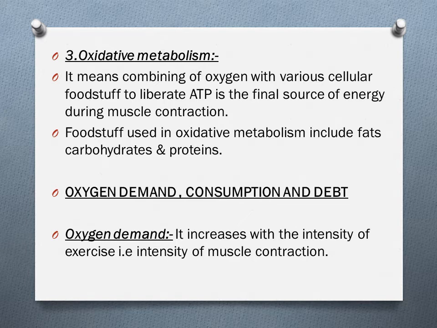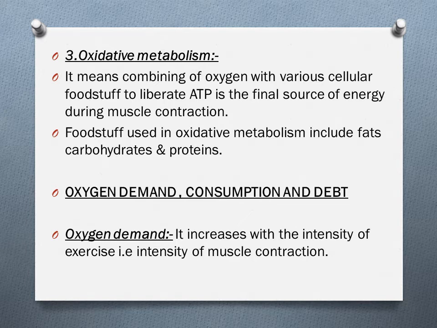This source contributes more than 95% of all energy used by the muscle for sustained long-term contractions. Foodstuffs used in oxidative metabolism include fats, carbohydrates and proteins.